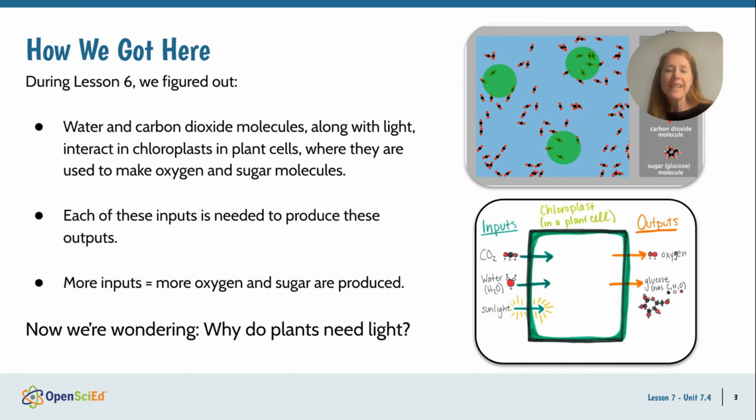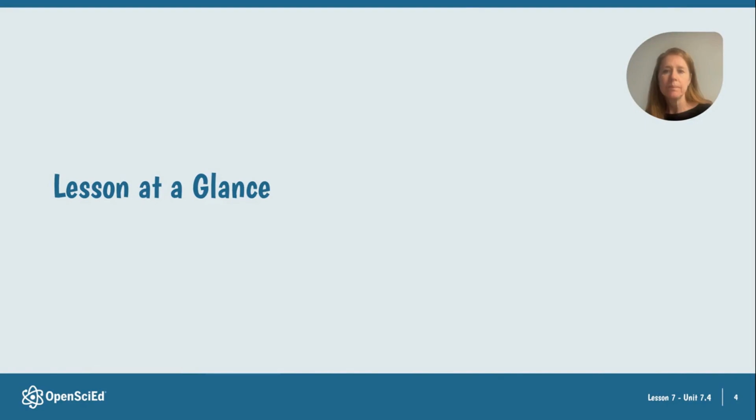We figure out that each of these inputs are needed and that increasing the inputs leads to more oxygen and sugar, glucose, being produced. So we know from the simulation that light is needed, but we're wondering why. And that is what we're going to figure out in Lesson 7. Why do plants need light?